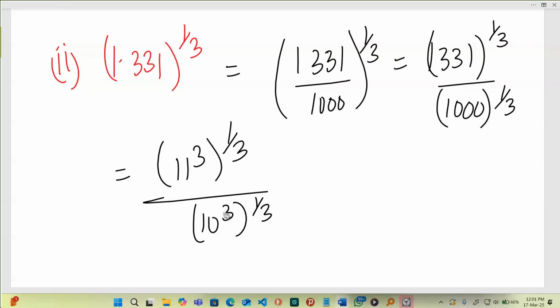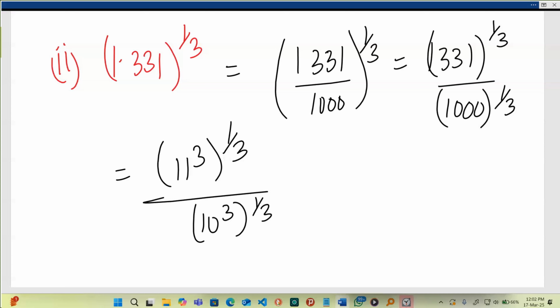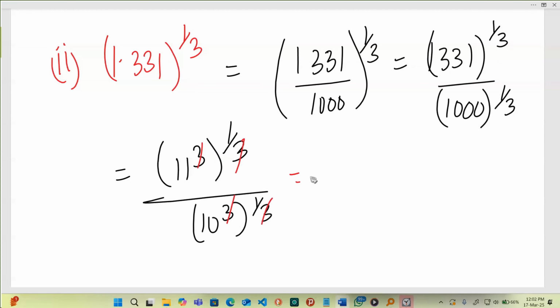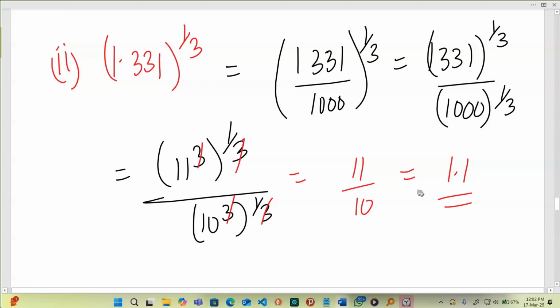So if I raise it to a power 3, it helps me to cancel out this power. So I will have 11 out of 10. And this can be the same as saying 1.1. And that's all. So try it on a calculator and you will see that you will get this.